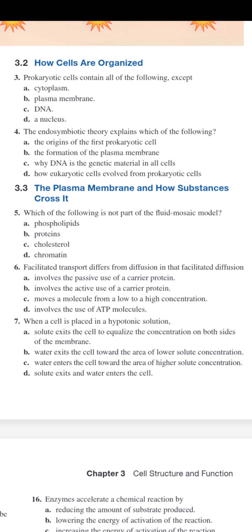Coming to question number 5: which of the following is not part of the fluid mosaic model? This is the model that represents the cell surface membrane or plasma membrane. The fluid stands for the phospholipids, and the mosaic describes the pattern of all the proteins, glycoproteins, glycolipids and transport proteins and their arrangement in the plasma membrane.